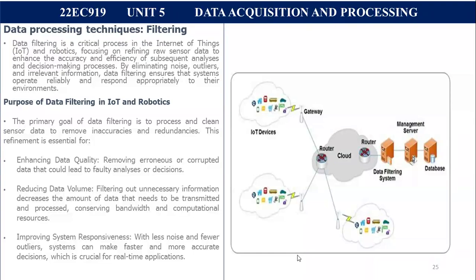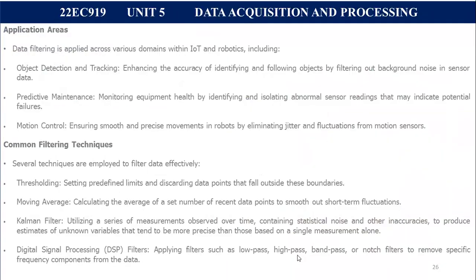Redundancies means the same data is there multiple times, so those duplicates can be removed, along with inaccurate data. Then the data will be in an organized manner, which enhances the data quality, and the volume size also decreases, which will improve the responsiveness.